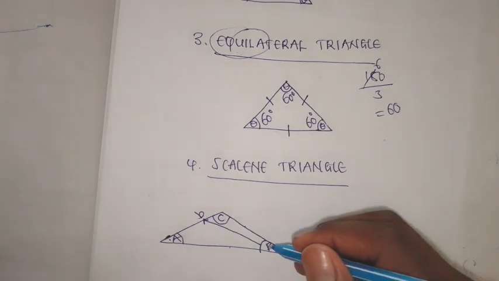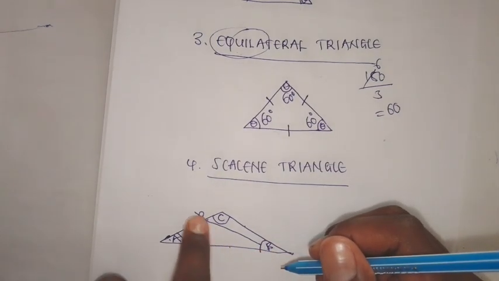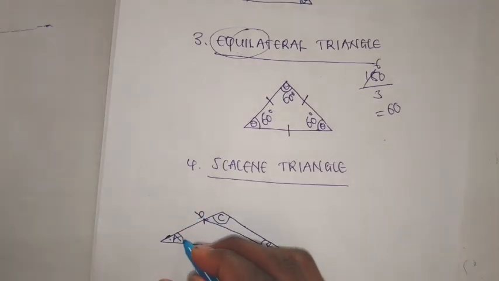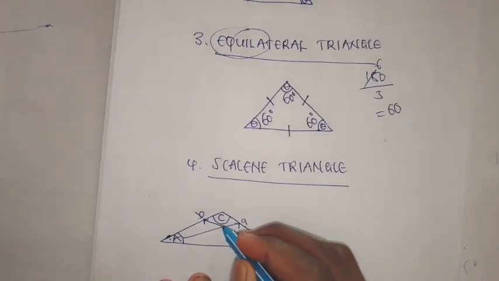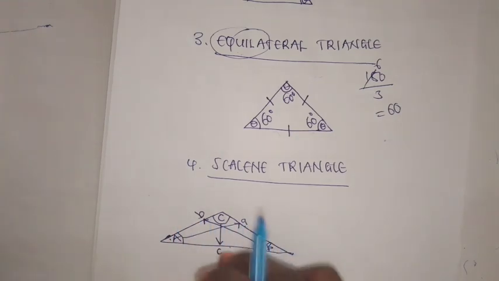So the opposite of capital letter B is the small letter b, the length. Capital letter A, the opposite side is small letter a. Then the opposite of capital letter C is the small letter c, the length of this triangle.